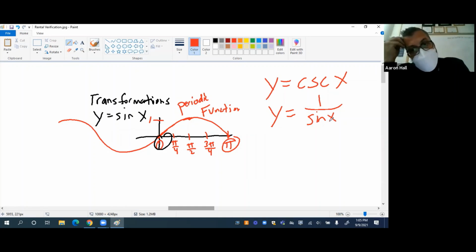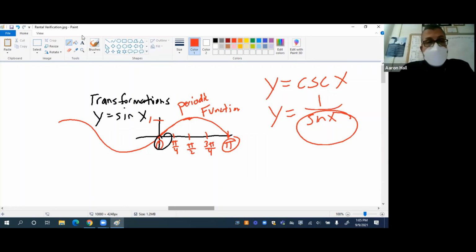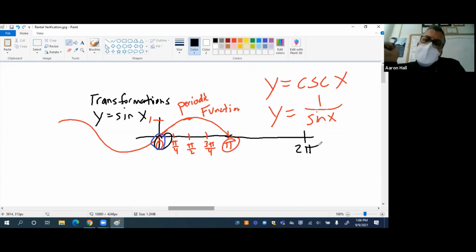What are some values for x that would give me a 0 in the denominator? 0, yes. Isn't this a 0? It is. And this would be a 0? Yes. And then you said where else? 2 pi. So way over here at 2 pi.